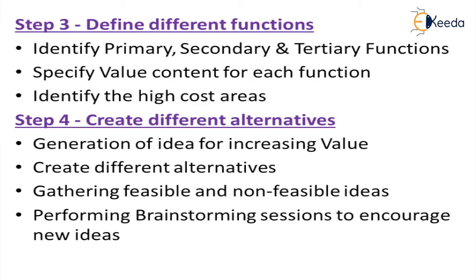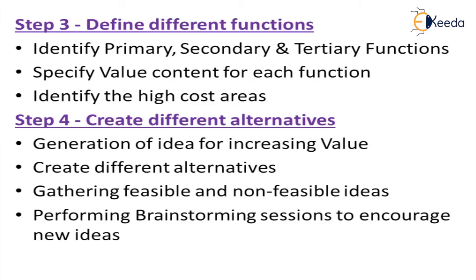The fourth step is creating the alternatives. Now I know where my problem is, where my high cost area is. Now it is the idea generation for increasing the value. Either I can increase the utility or decrease the cost. For that we go for different alternative ideas. Split them into feasible and non-feasible ideas.